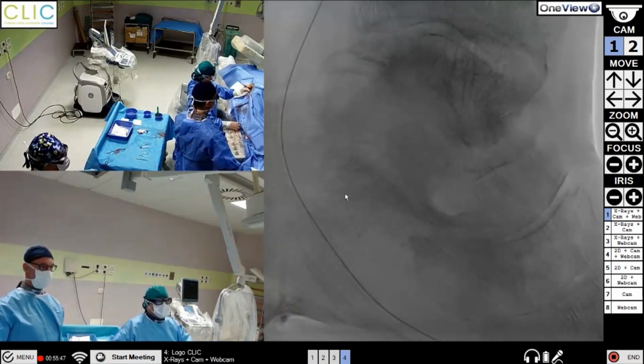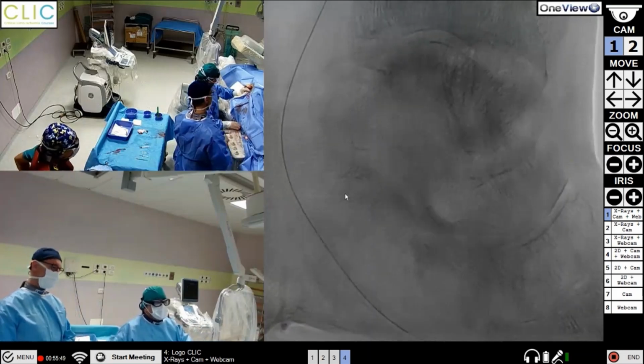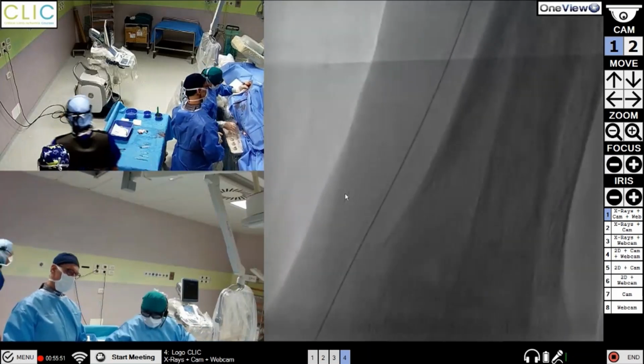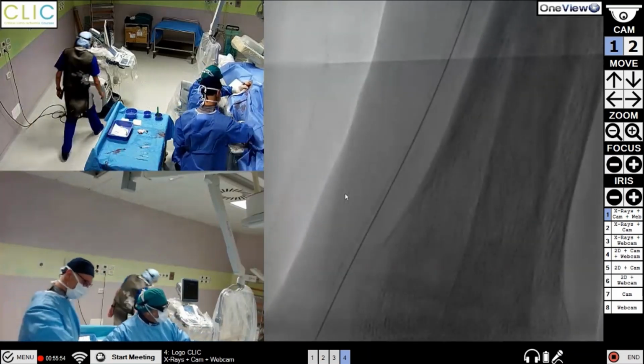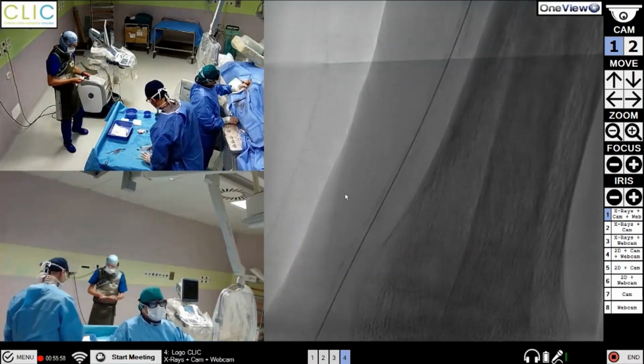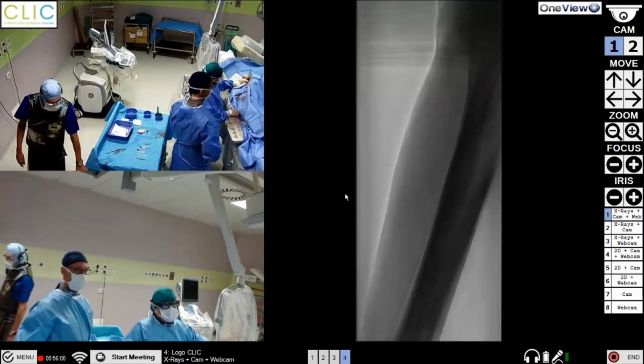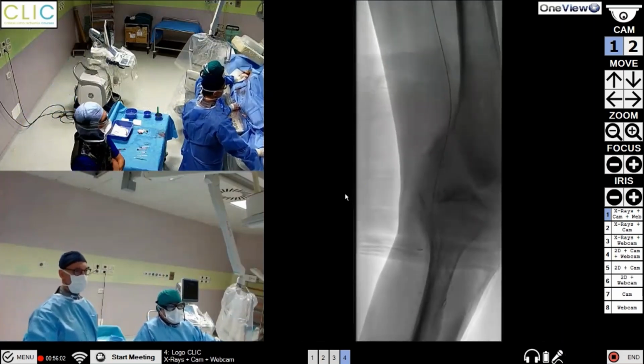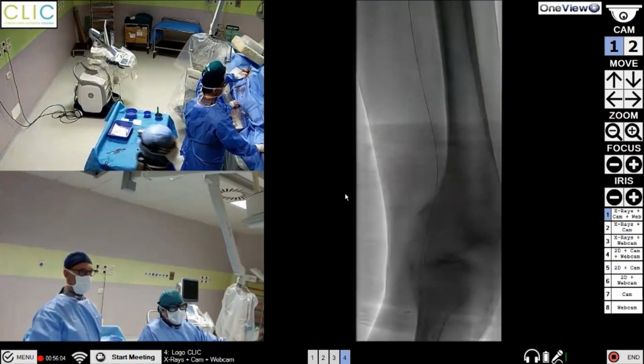First we prepared the SFA. We pre-dilated with a 4 millimeter by 200 Abbott Armada 1/8 balloon.